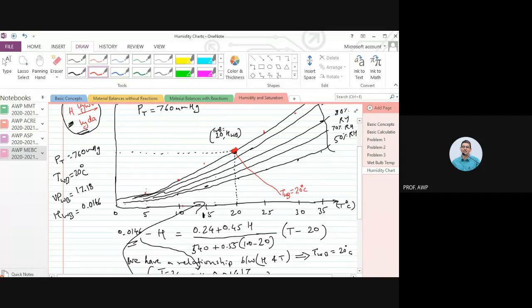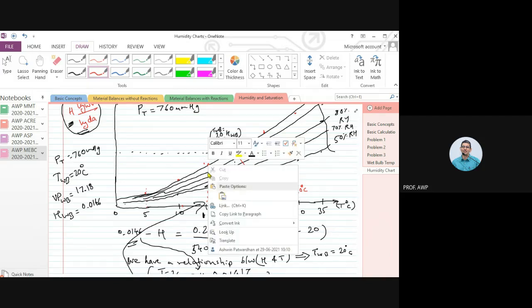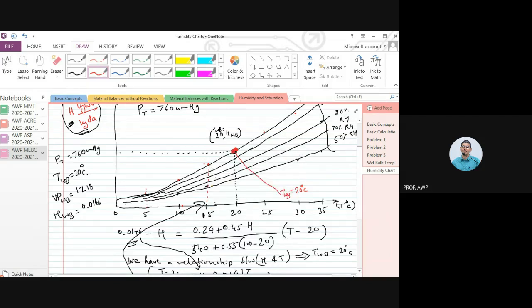Similarly, I can take wet bulb temperature of 15 degrees centigrade. HWB would be here. This point would be 15 degrees centigrade, and the corresponding HWB at 15 degrees centigrade. Again, I can use this expression.